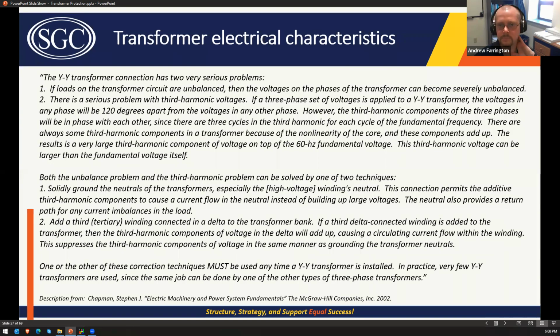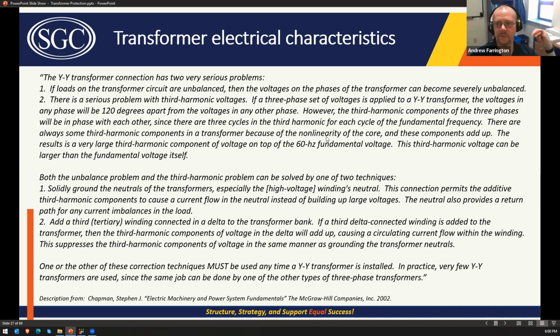So this is, to your point, Blaine, the YY transformer has two very serious problems. One, if loads on the transformer are unbalanced, then the voltages on the phases of the transformer can become severely unbalanced. And two, there is a serious problem with third harmonic voltages.